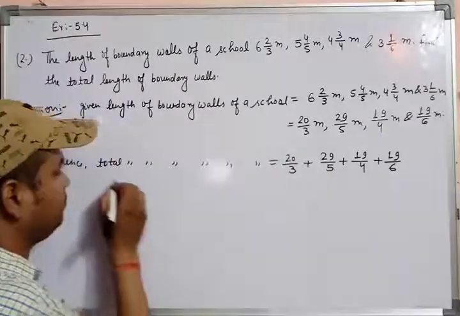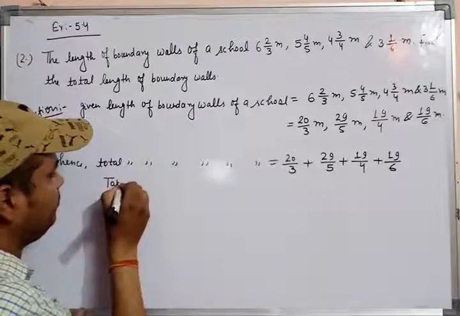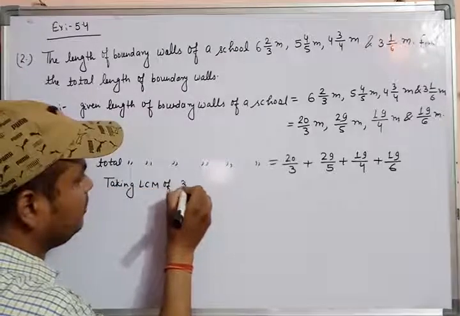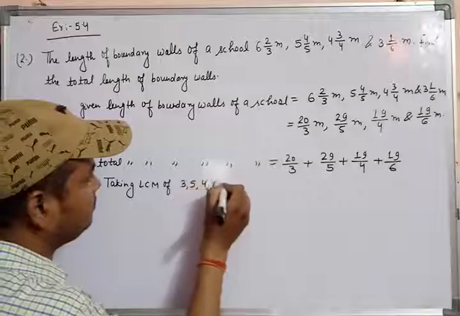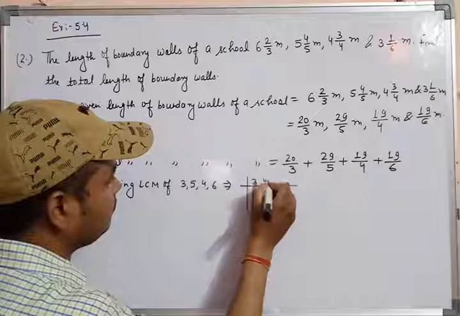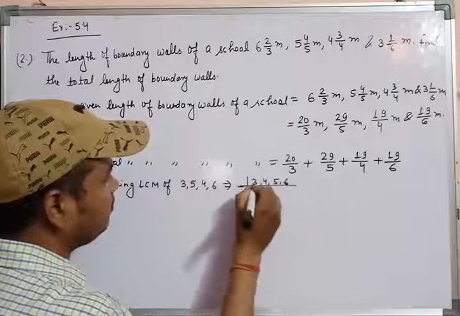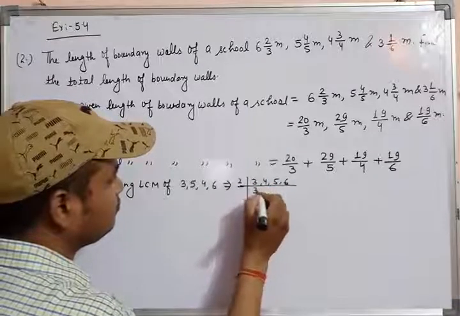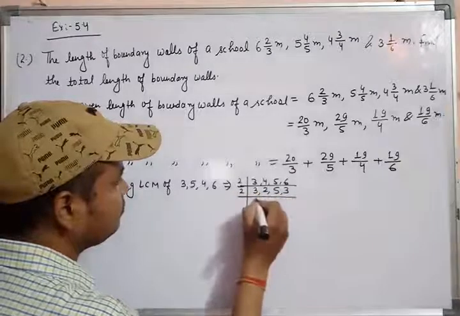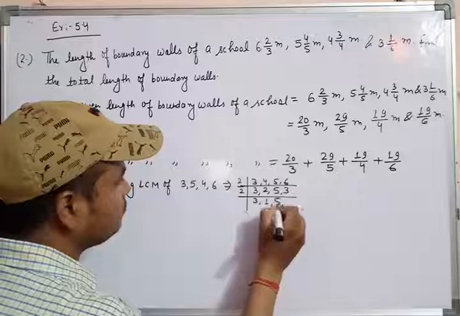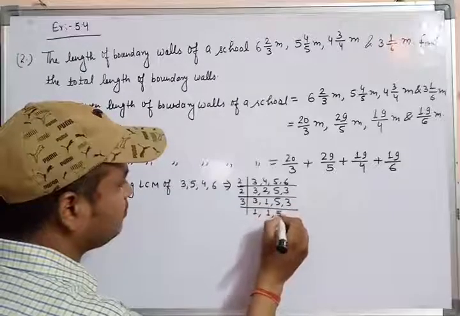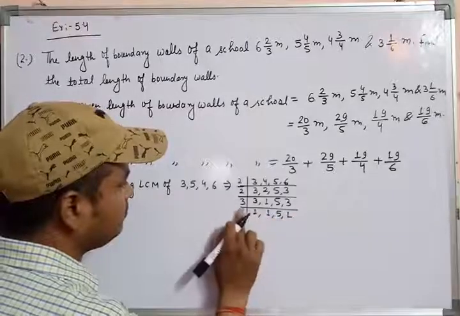Before that, taking the LCM of 3, 5, 4 and 6. So we can write 3, 4, 5, 6 and divide: 2, 2 is 4, 2, 3 is 6.